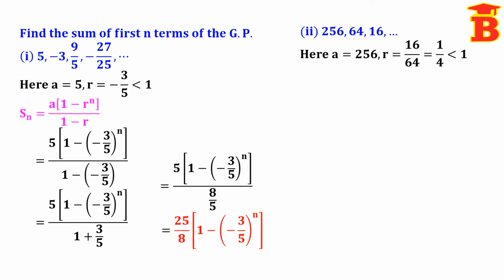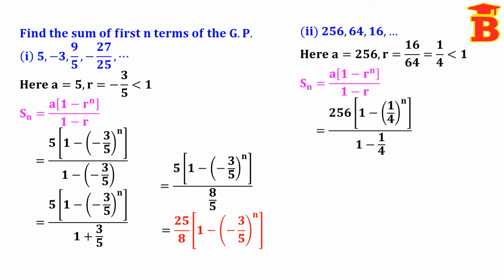So that means we can use the same formula Sn equal to a into 1 minus r power n divided by 1 minus r. Now substitute the values. A is 256 into 1 minus r value, 1 by 4 power n, divided by 1 minus r value, 1 by 4. Now this numerator bracket remains same.